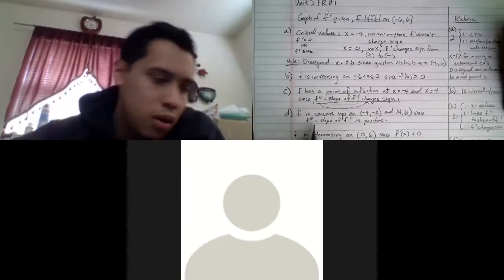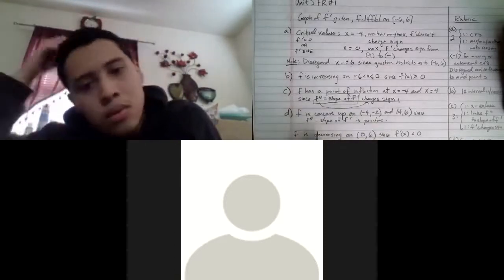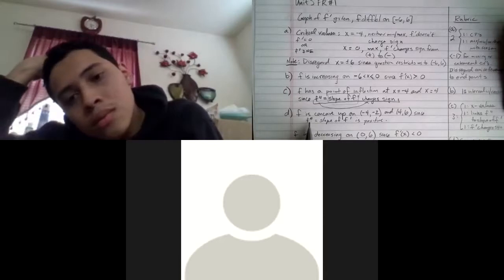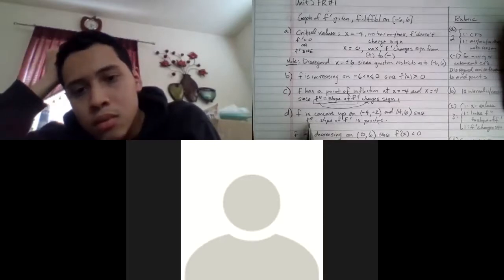Same kind of justification here is required in part D to find that interval f is concave up. You've got to say that the reason is because f double prime, which is the slope of f prime, is positive. You can't just jump and say f double prime is positive. You've got to link it to the graph that they gave you, which is the graph of f prime.